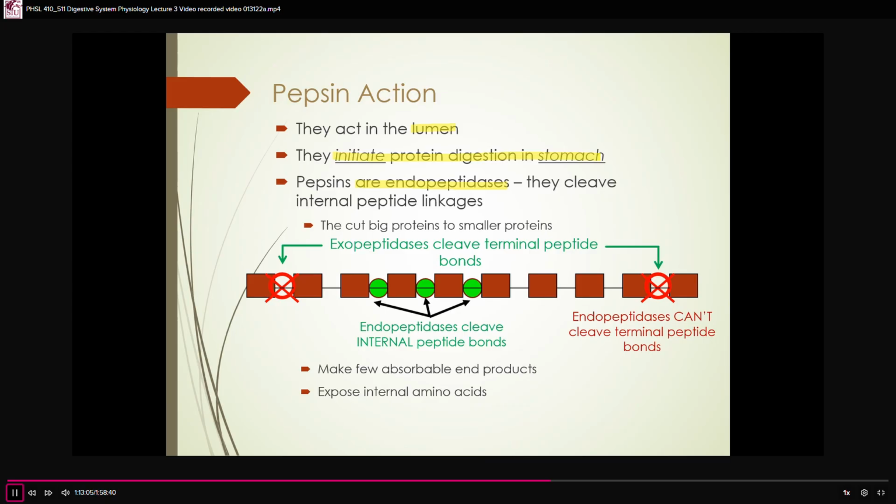The pepsins in the stomach account for only 10 to 20% of the total protein digestion of ingested proteins in a mixed meal. But their actions are still important, because by cleaving these internal linkages and making shorter and shorter peptides, they're able to expose amino acids that weren't previously exposed.